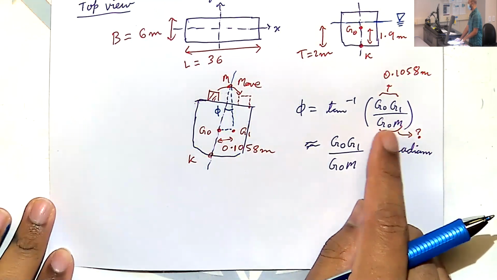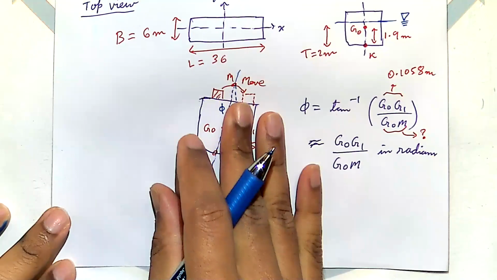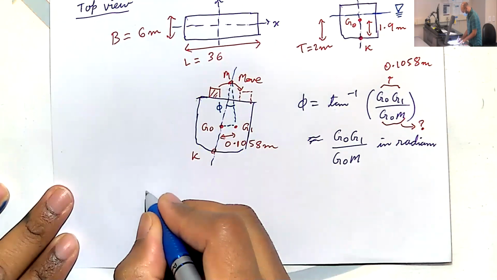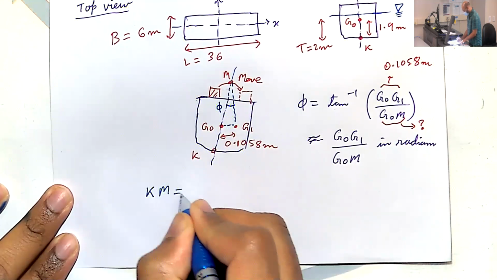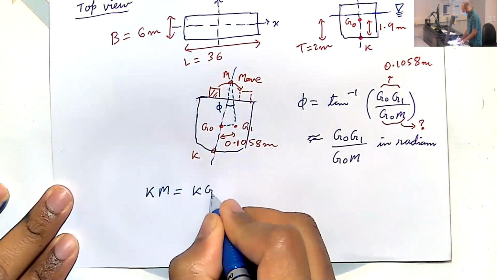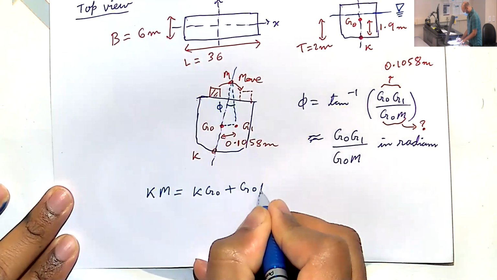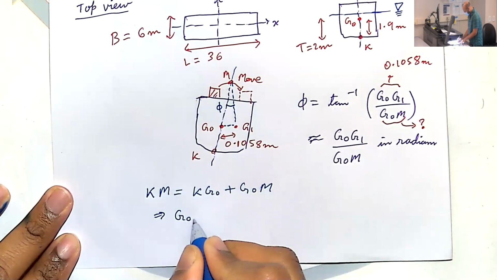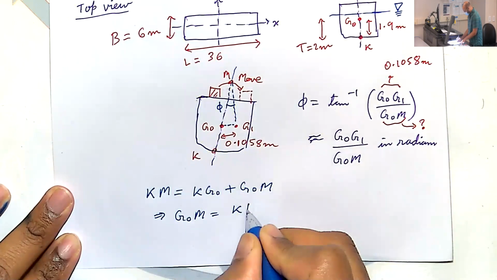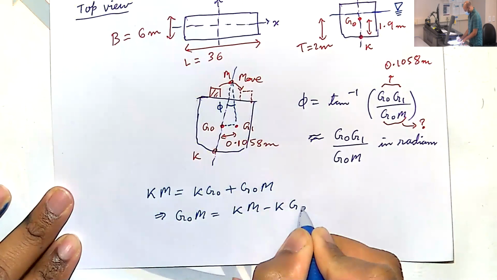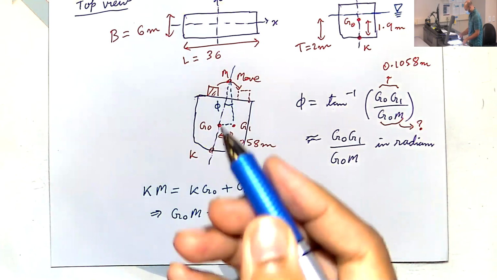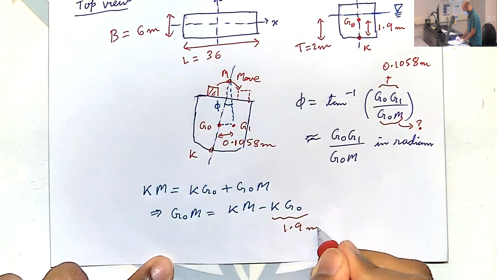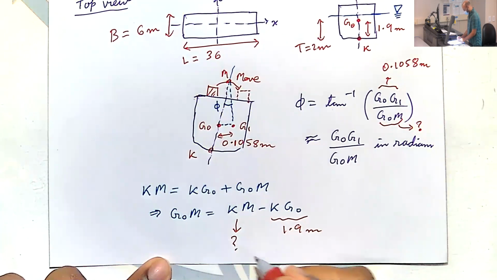So the same way you did it for the previous examples, KM is equal to KG0 plus G0M. So G0M is KM minus KG0. KG0 is given, 1.9 meters, and KM we don't know yet.